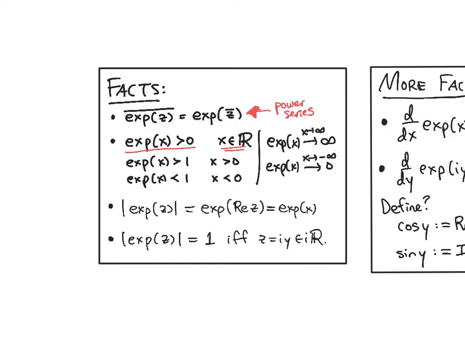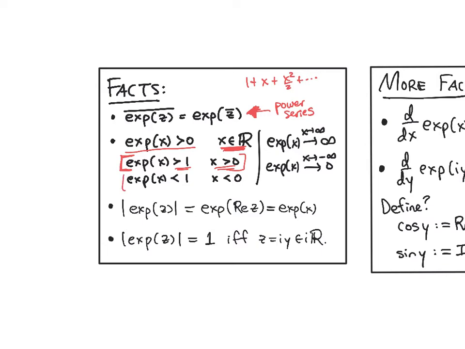Well, it's clear that exp of x is positive when x is positive by looking at the power series, but we know that exp of minus x is the reciprocal of e to the x. So it has to be positive for every real number. And also you can see from the power series that exp of x is bigger than 1 when x is positive, because the power series starts out with a 1, and then positive stuff when x is positive.